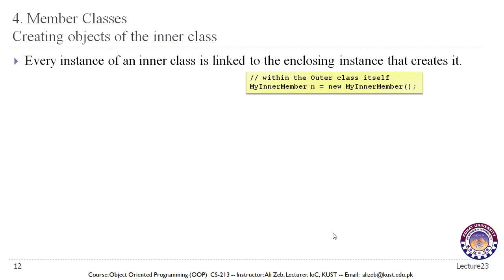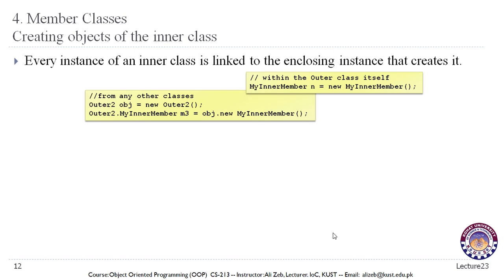If we are creating an object of the inner class within the outer class itself, then we can use this syntax. We create it directly with the name of the class. If we are creating them outside of the outer class, or in other classes, then we can only create them with the help of the object, by linking them with the objects of the outer class.